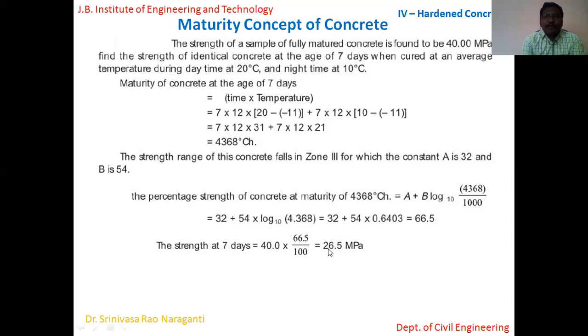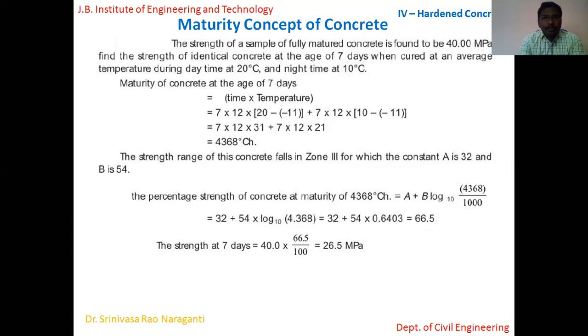The value is 26.5. That means if you cure the concrete for 7 days at 20 degrees centigrade in the daytime and 10 degrees centigrade in the night time, the expected strength after 7 days would be 26.5 MPa. This is how we do the calculations.